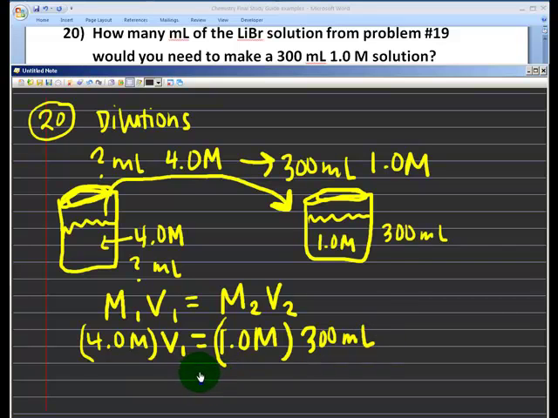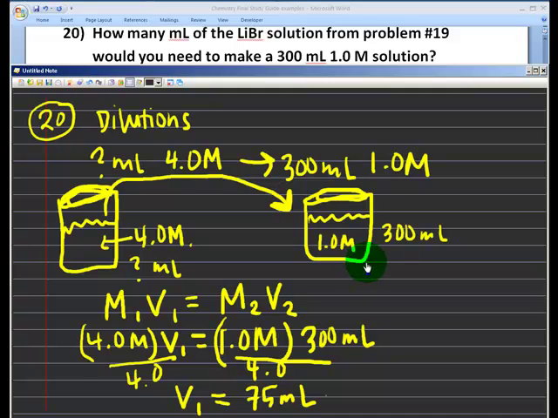So you simply divide both sides by 4.0, and you get V1 equal to 75 milliliters. So what this problem is saying is I need 75 milliliters of a 4.0 molar solution to make 300 milliliters of that 1.0 molar solution. So your answer is 75 milliliters.